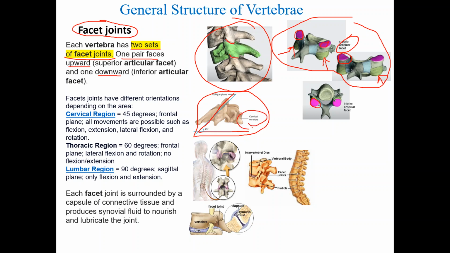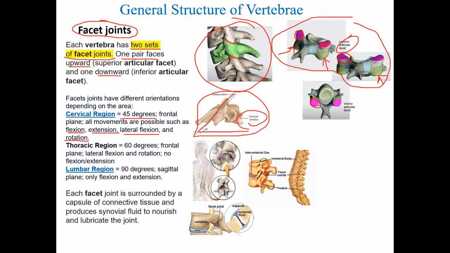This is a cervical vertebra. It's not that I'm torturing you to remember this orientation. It's important to know because it determines the type of movement that you can have in that region of the vertebral column. So a 45-degree orientation of these facets allows a lot of movement, such as flexion, extension, lateral flexion, and rotation as well.